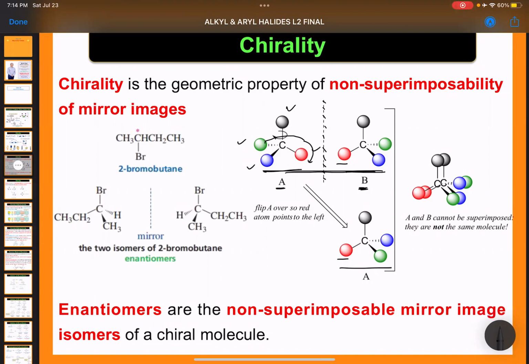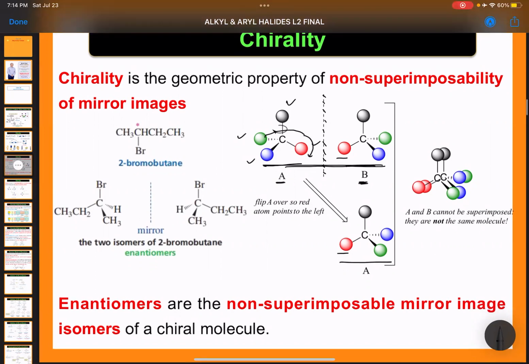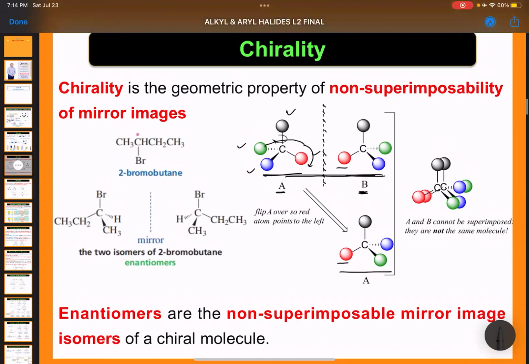The mirror image isomer may look exactly the same as the original molecule, but because it is a chiral carbon with 4 different groups, the mirror image isomer is not the same. It is different. And how are you going to satisfy yourself that it is different? You need to superimpose them on one another, and then you will realize that these 2 molecules are not the same.